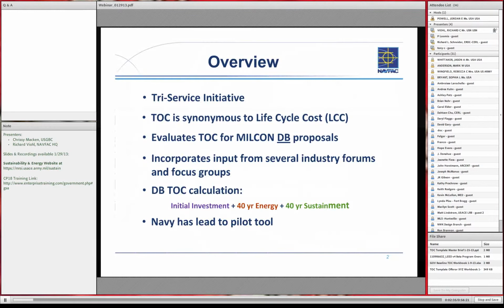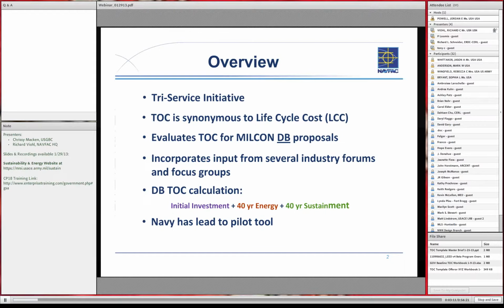Okay, as I said, this is a Tri-Service initiative. This team was tasked to start working on this tool more than 4 years ago by the Senior Executive Engineering Panel, ESEP, which is made up of Joe Gott, NAVFAC's Chief Engineer, as well as James Dalton and the Air Force, and I believe the Marine Corps as well as OSD, I&E, Mike McAndrews' staff.